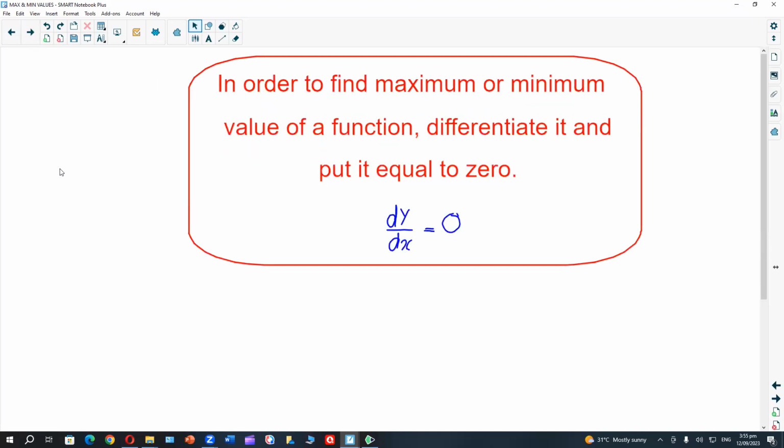In order to find maximum or minimum value of a function, differentiate it and put it equal to 0. This is the core concept. This is the main concept of this chapter.